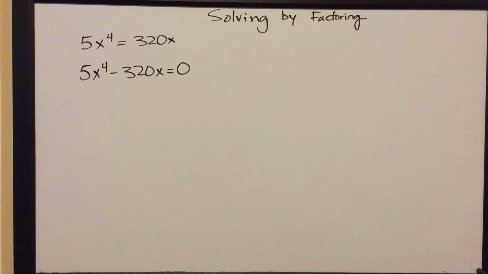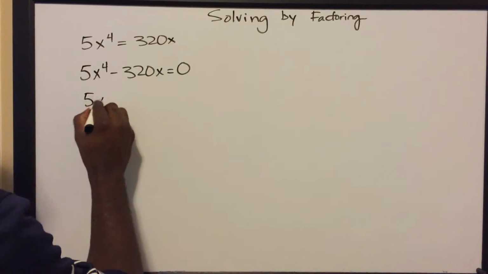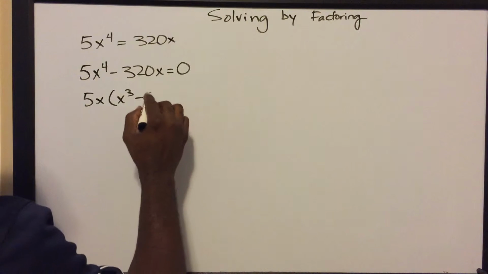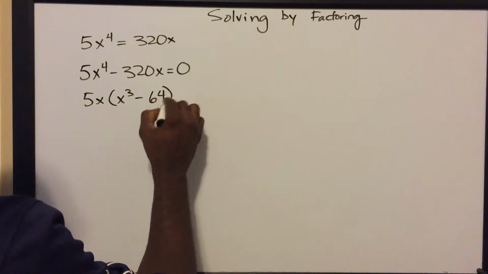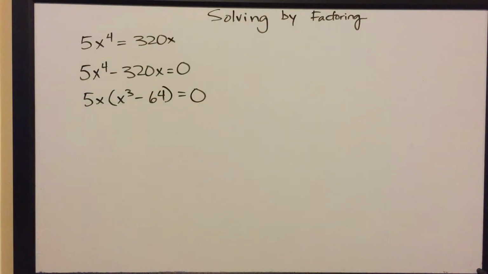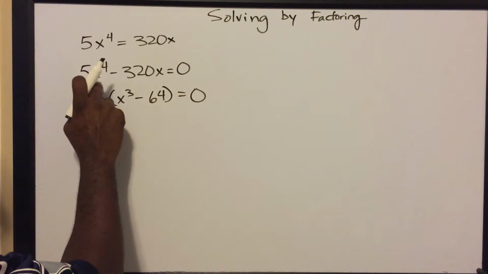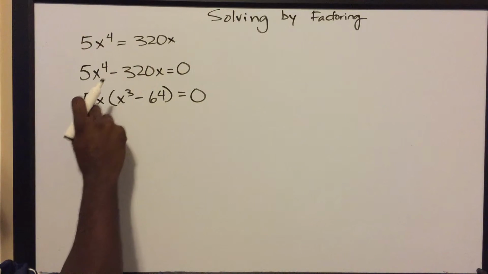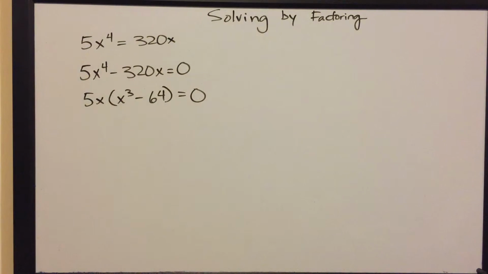So we will have 5x times x to the 3rd minus 64 is equal to 0, because we said, what must I multiply 5x by in order to get 5x to the 4th? That's x cubed. What must I multiply 5x by in order to get 320? That would be 64.